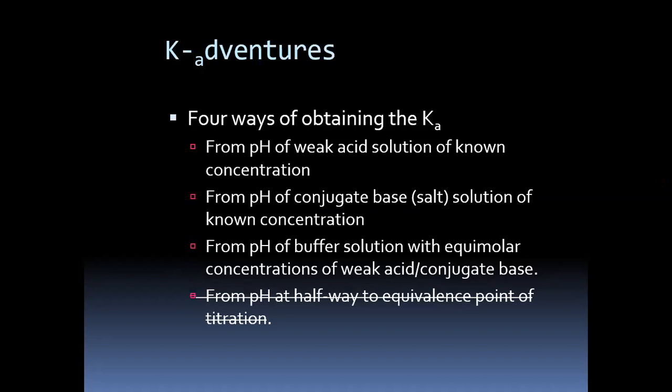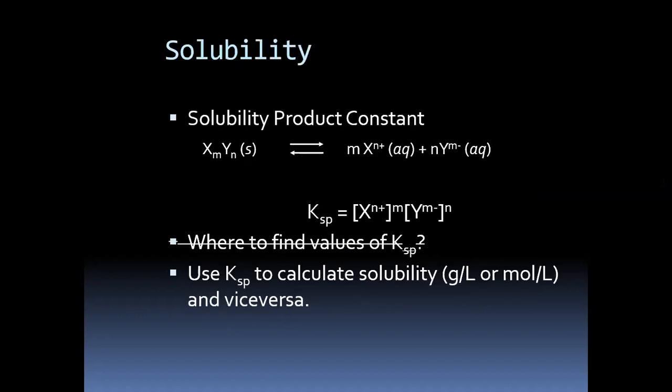The fourth method was the one where we looked at the titration curve, but since we're not going to be doing any quantitative type of questions, I scratched that out. So just know that you can do it this way, but I'm not going to ask anything like that in the test, okay? The last set of topics we discussed were solubility equilibria, right?